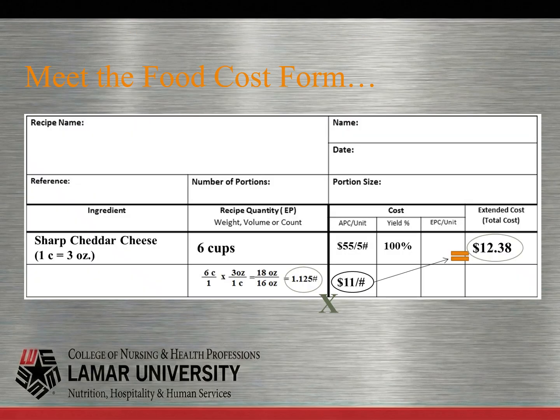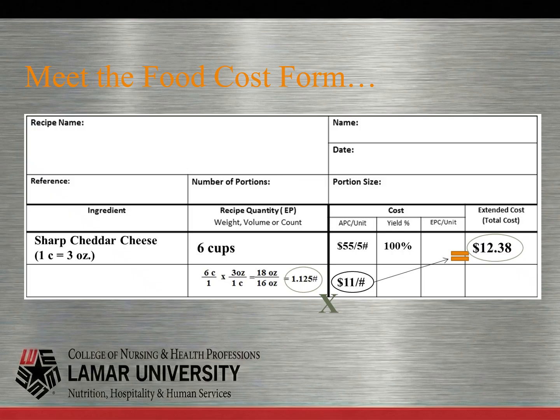So this is the food cost form. You'll need to become pretty familiar with this. This organizes your math. Okay? Recipe quantity is 6 cups. Using the bridge method shown in the middle box, we're converting the cups to 1.125 pounds.